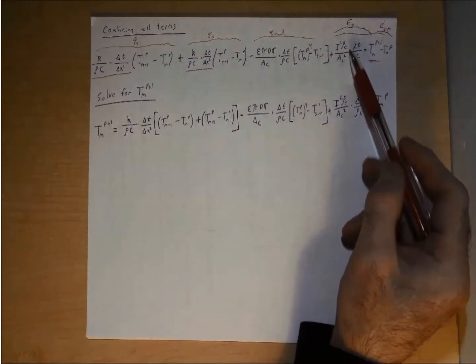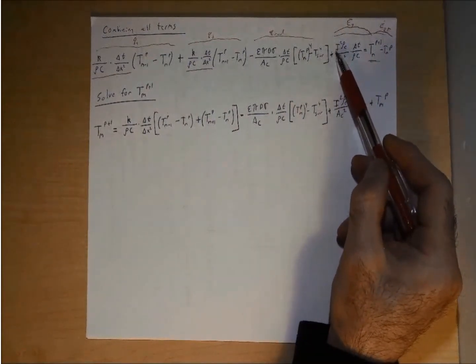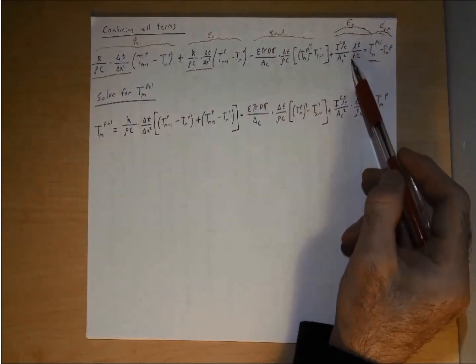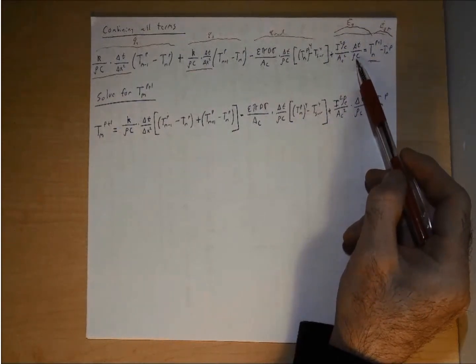And we have our E sub G term over here, where we have I squared rho E all over area squared, A sub C squared, times delta T over rho C. So that takes care of our left-hand side of the equation.